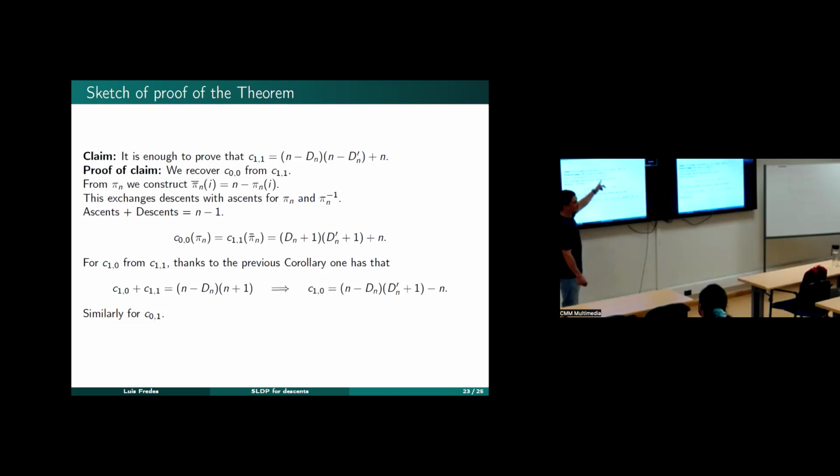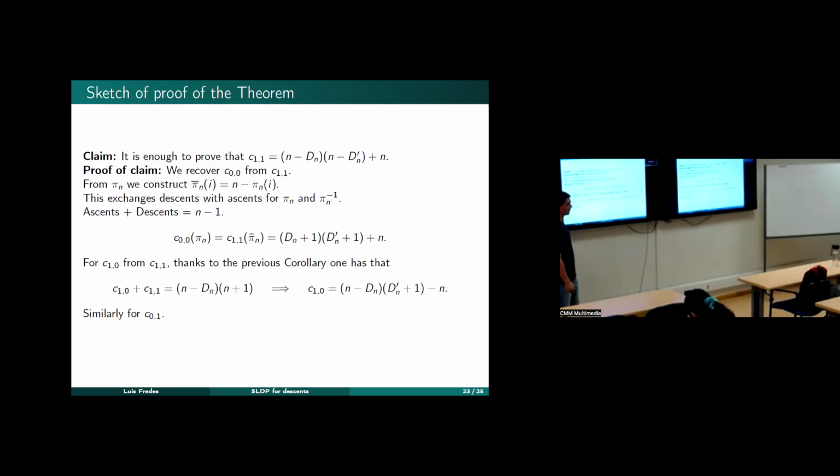First of all, we recover C00 from C11. The idea of the construction is to do this, and this inverts the ascents with descents for the direct permutation and for the inverse permutation. So basically, if one has C11, we have C00.